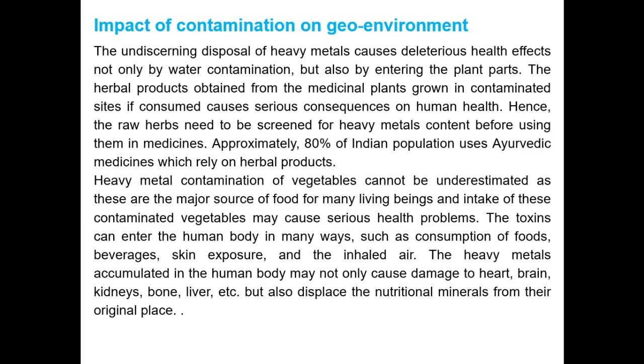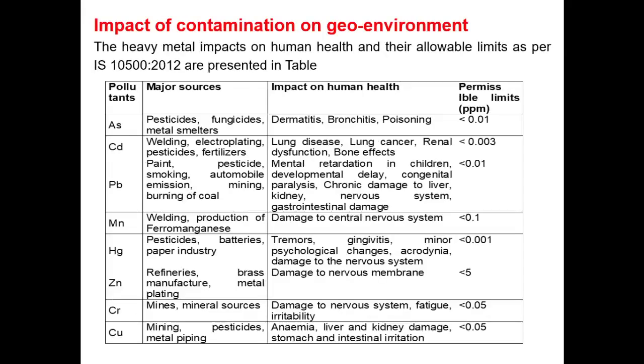The heavy metals accumulated in the human body may not only cause damage to heart, brain, kidneys, bone, liver, etc., but also displace the nutritional minerals from their original place. The heavy metal impacts on human health and their allowable limits as per IS code are presented in this table.